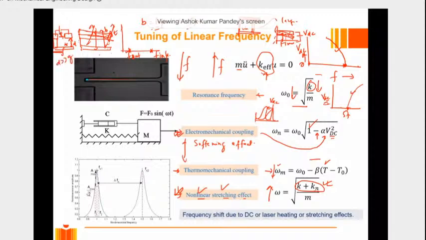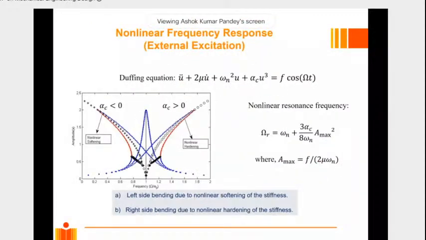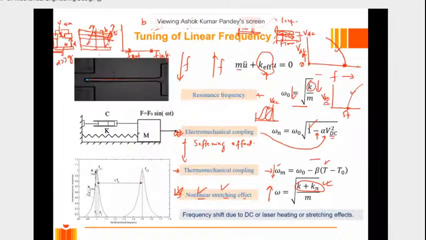Then what will happen? This motion will be dominated by this voltage, right? This motion will be dominated by the in plane motion, which we are calling this. Okay, this is in plane. So the in plane motion is dominated by the electrostatic effect, which is electrostatic softening.